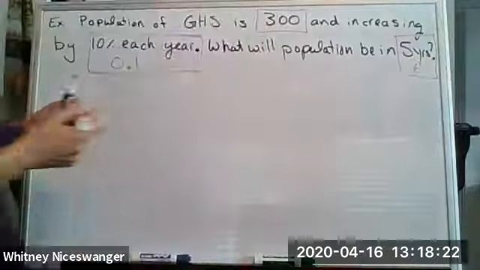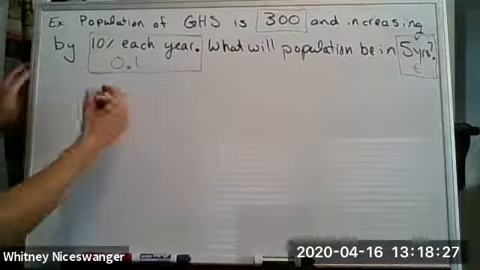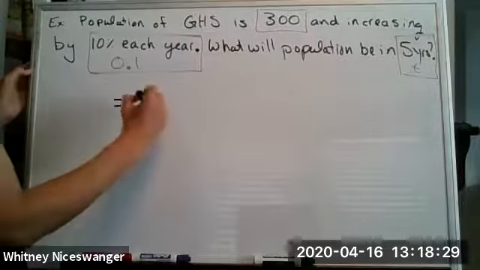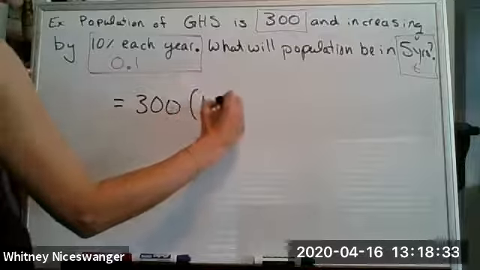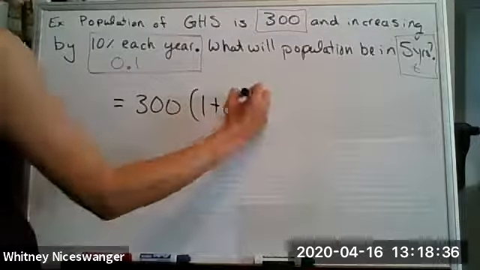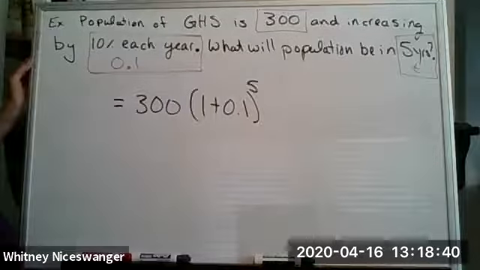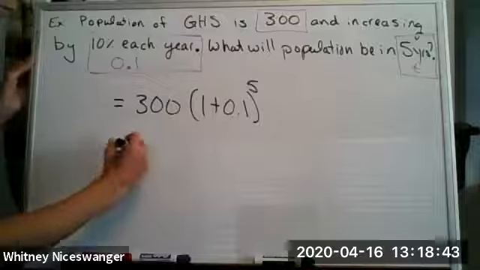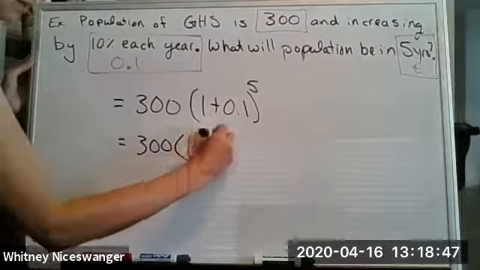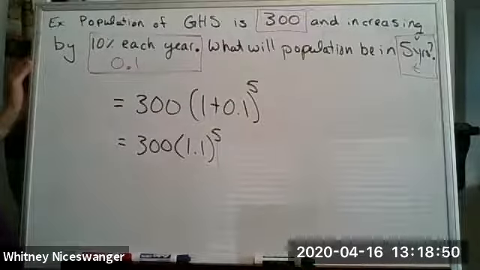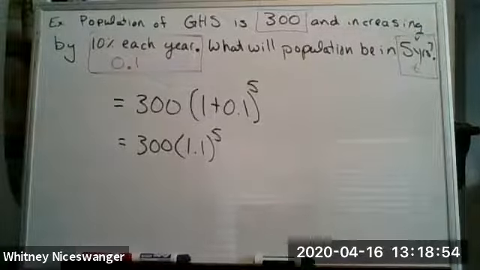All right. So we'll plug this into that formula we had before. 300 is our initial amount. 1 plus 0.1, our growth rate, raised to the power of our time, 5. Okay. Now this whole thing simplifies. 1.1 to the 5th. And you can use your calculator on this section if you would like.